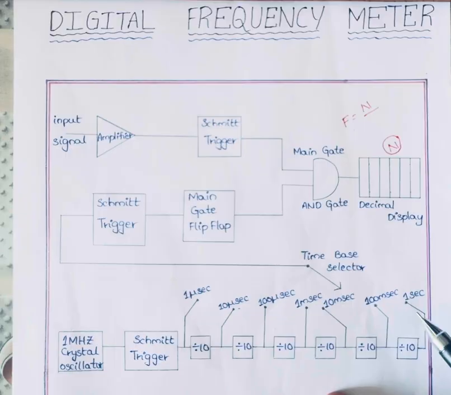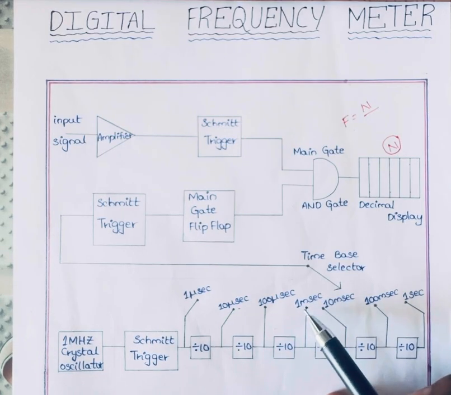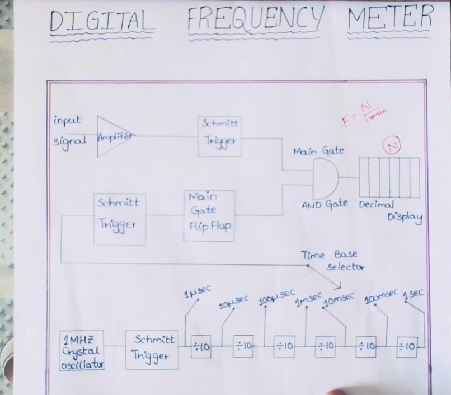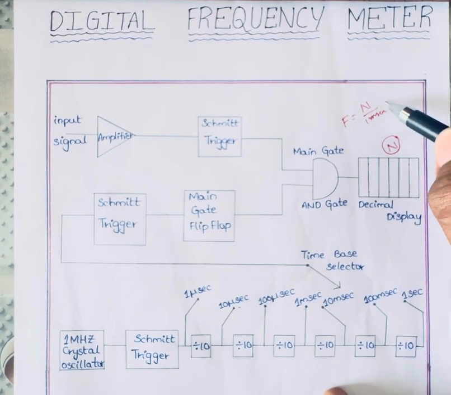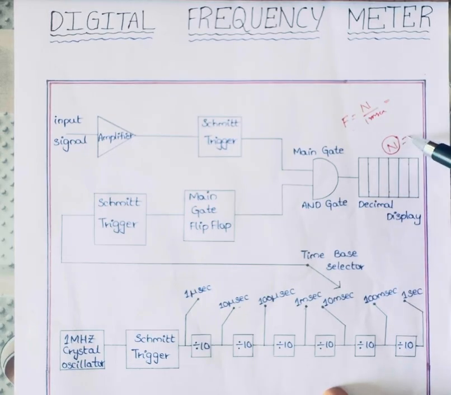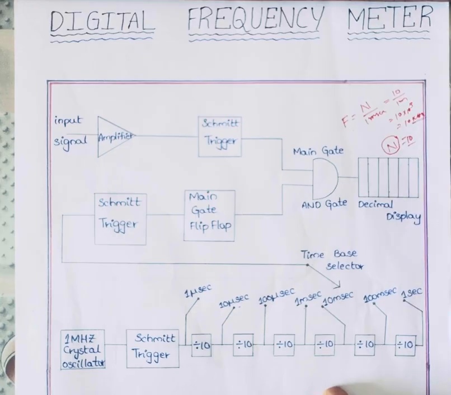For example, if we have selected 1 millisecond and we are getting n equal to 10 samples, then 10 by 1 milli, that means 10 into 10 power 3, is equal to 10 kilohertz.